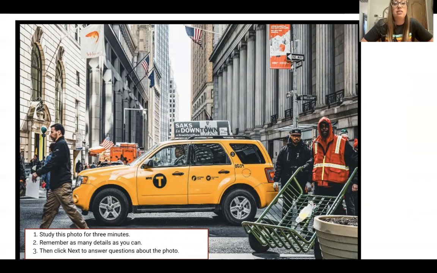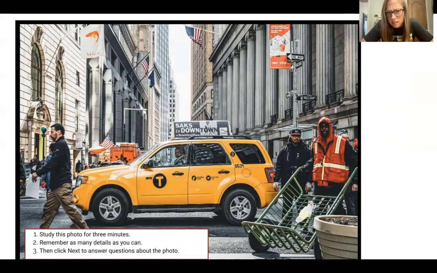So it appears to be in the middle of a city street. There are several people around. There appears to be some type of worker down here wearing a construction reflective vest. He has a green sort of cart that he's hauling stuff.